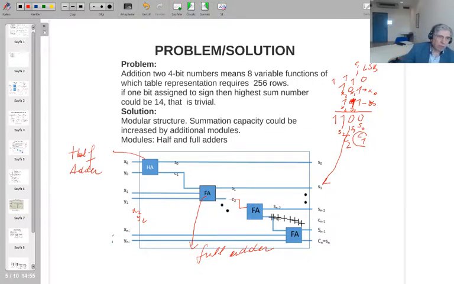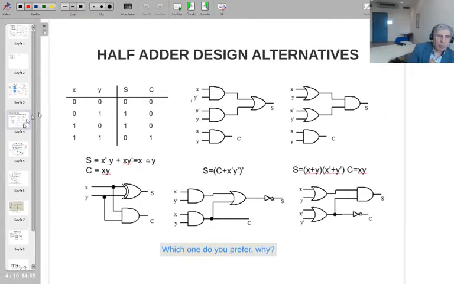So what are these functions? Let's examine these functions now. The first one was the half adder, which had 2 inputs and 2 outputs, x, y, S, carry. S comes from sum, C comes from carry.